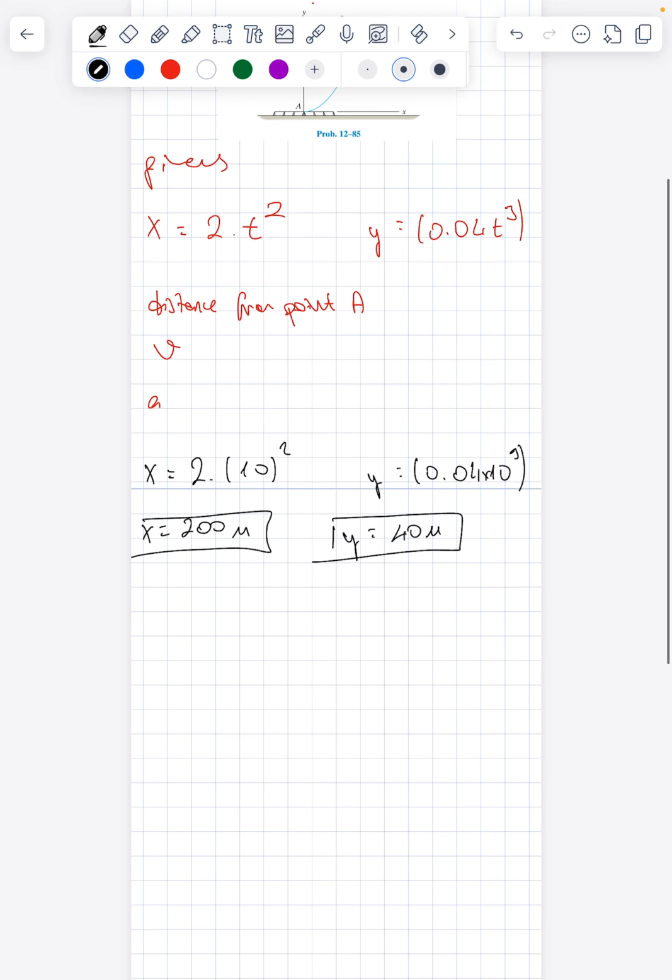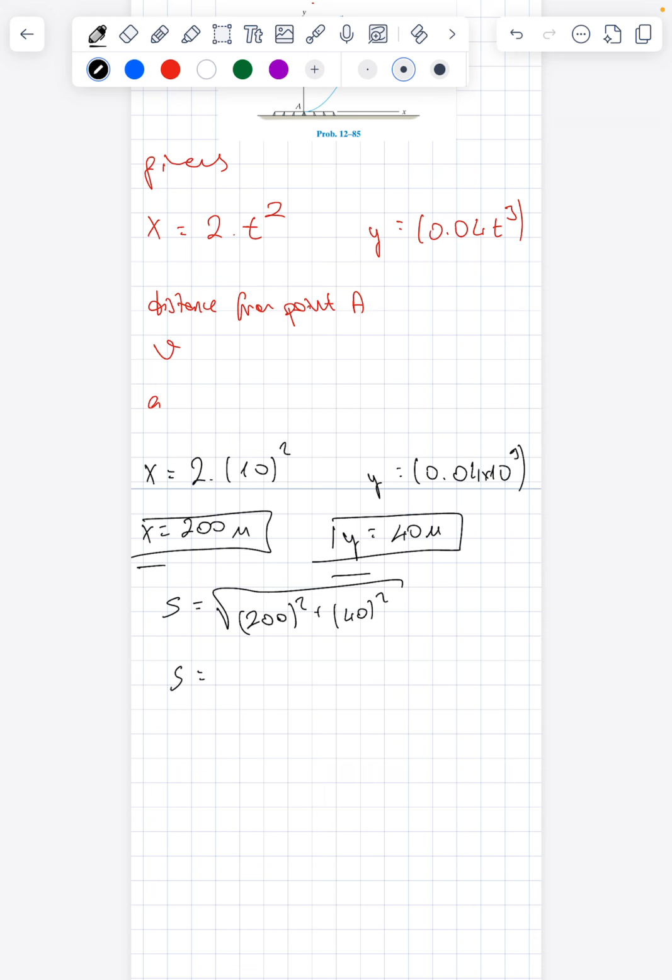So these are in x and y components, so I need to find the distance, the length. What is the formula? S, my total length, is the square root of the x component squared plus the y component squared. I will use this one. 200 squared plus 40 squared.